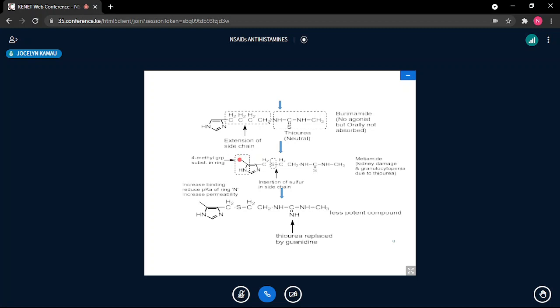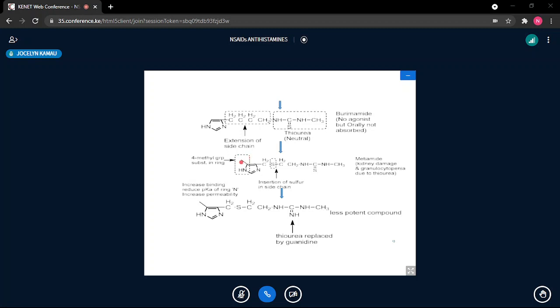Remember, when we were looking at the histamine agonist, we did mention that if you put a group here which is electron donating, methyl groups, alkyl groups, are considered to be electron donors.